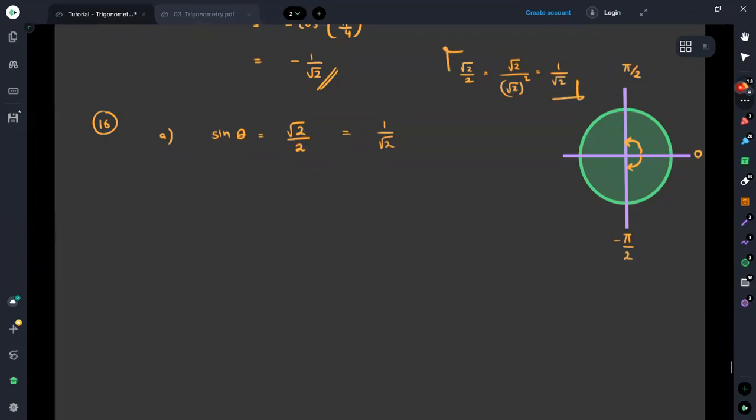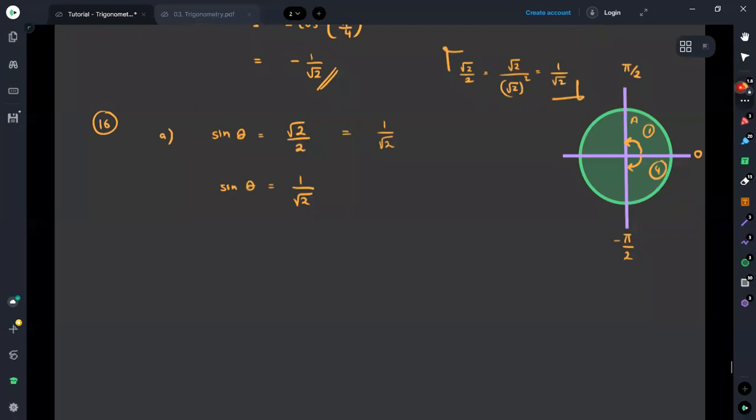Using the same concept, we have sine theta equal to 1 over root 2. Thereafter, they are saying that theta can be in the first quadrant or the fourth quadrant.